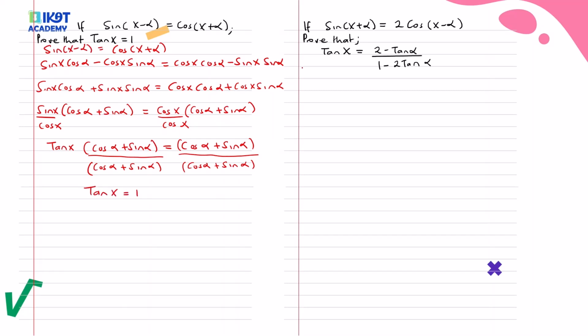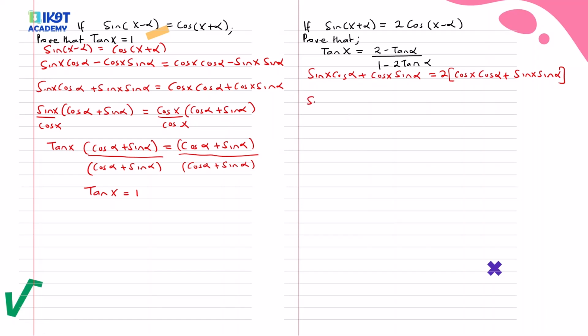So we've proved that. Then here the question says, if sine of (x plus alpha) is equal to this. It's going to be the same thing. So here we expand. I don't know if the space will be enough, so let me just start expanding there. Sine x cos alpha plus cos x sine alpha is equal to 2 into (cos x cos alpha plus sine x sine alpha).